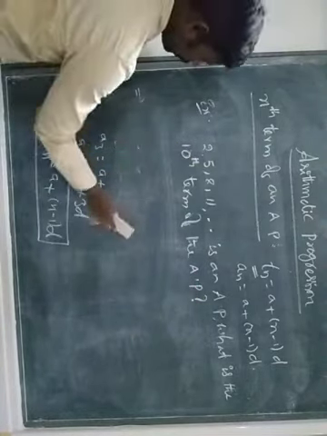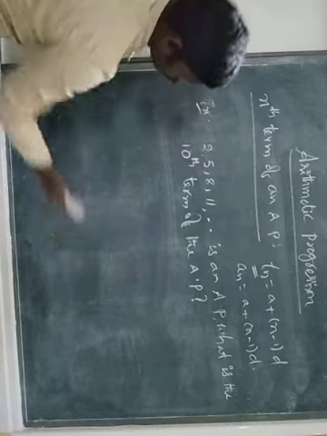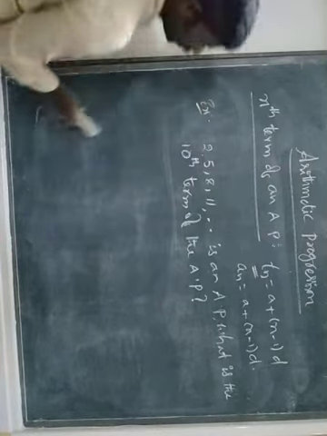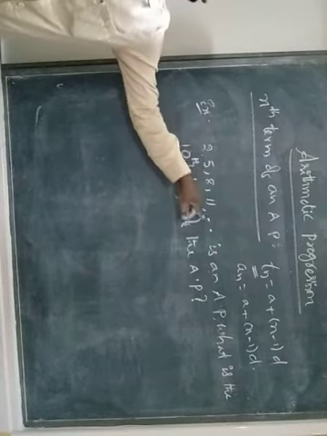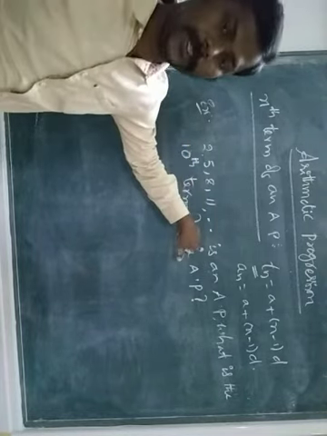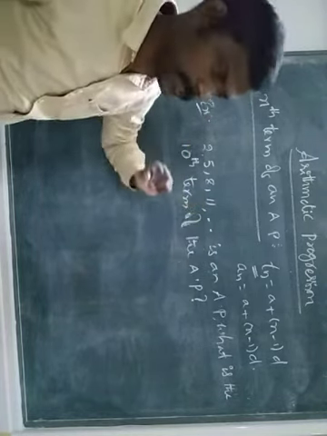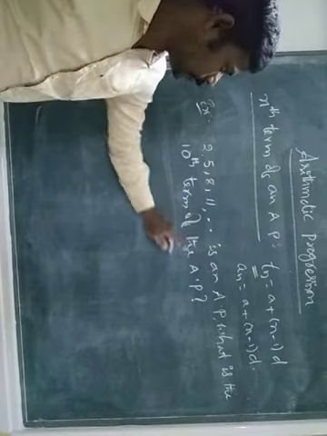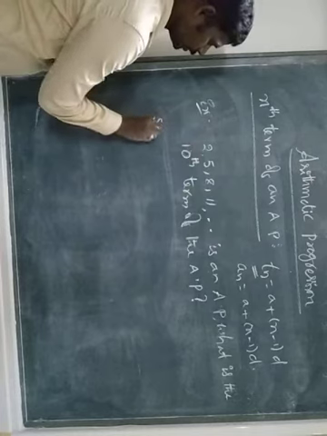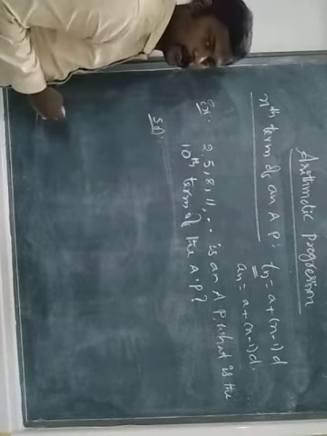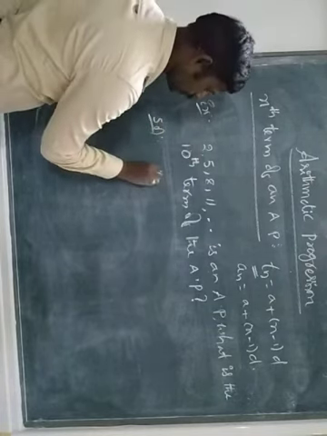See children, all of you look at the board. How to solve this type of problem? 2, 5, 8, 11 is an arithmetic progression. It is clearly mentioned that it is an arithmetic progression. What is the 10th term of the AP? How to find it? To solve this type of problem, first of all identify the first term.